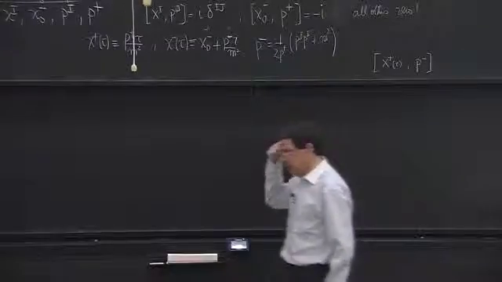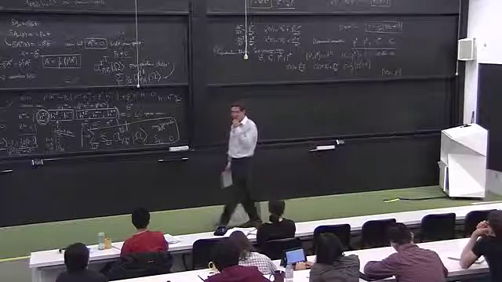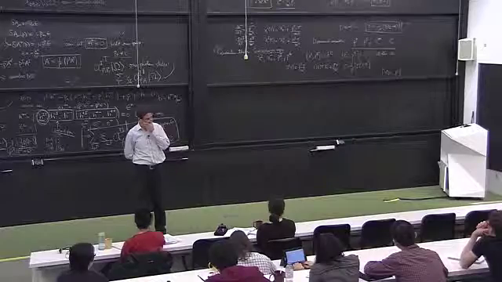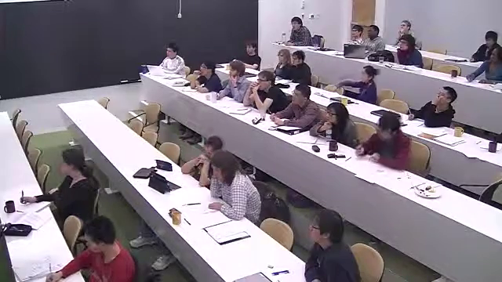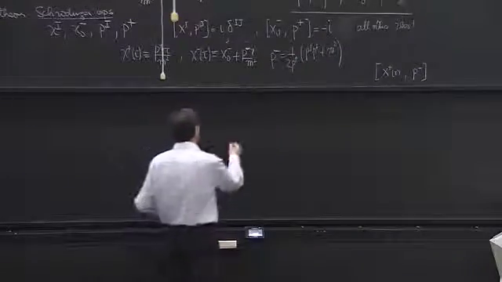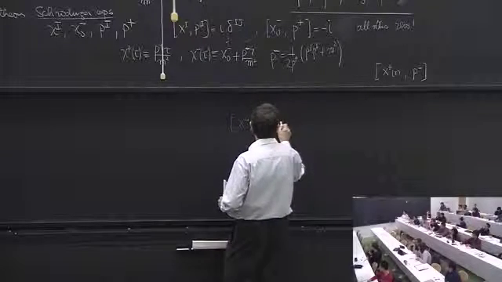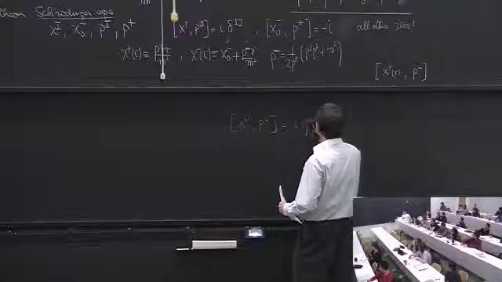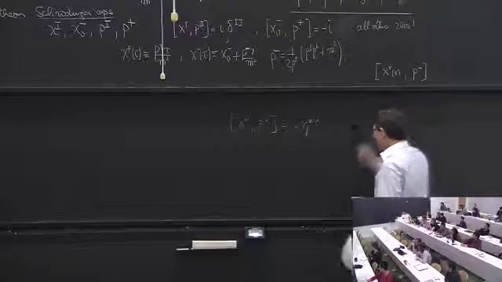How much should that be? There are 2 ways to think about this. First, intuition. And everybody's intuition, I think, is this one, that x mu with p nu is somehow equal to i eta mu nu.